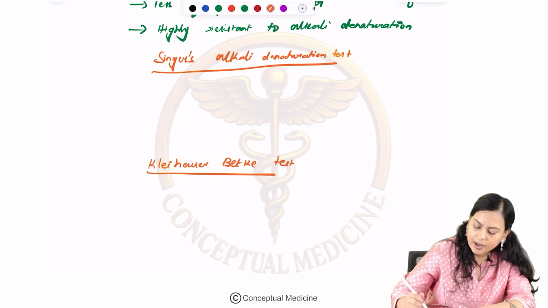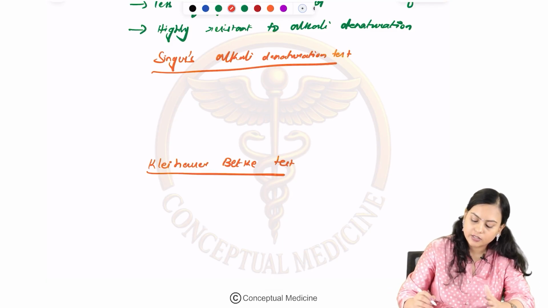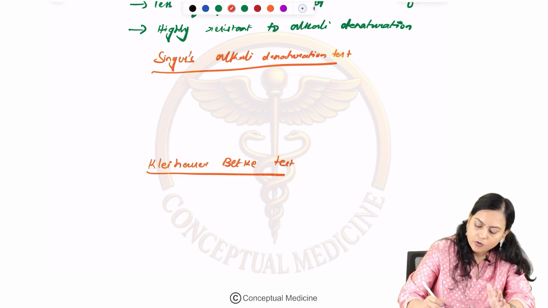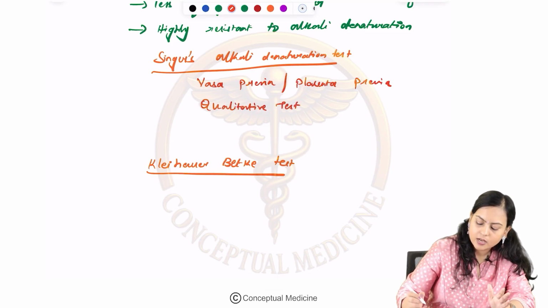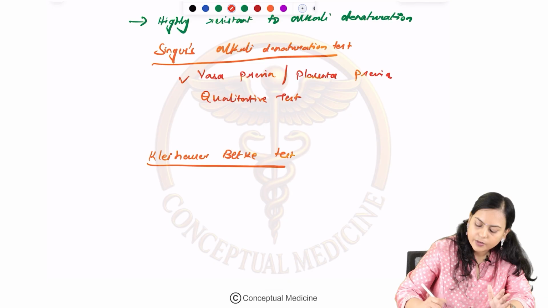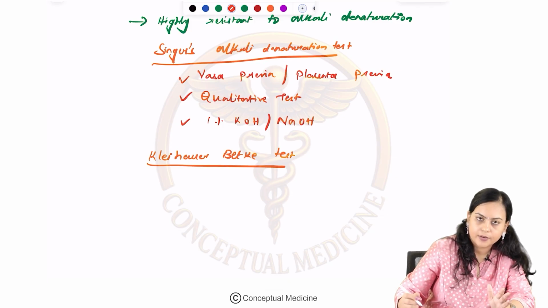So, what is basically happening in the Singer's denaturation test is, we are going to test whether the bleeding is via the vasa previa or the placenta previa. Okay, we are going to check the quality of the blood. So, it is a qualitative test. Okay, here we will be using the reagent 1% potassium hydroxide or sodium hydroxide.